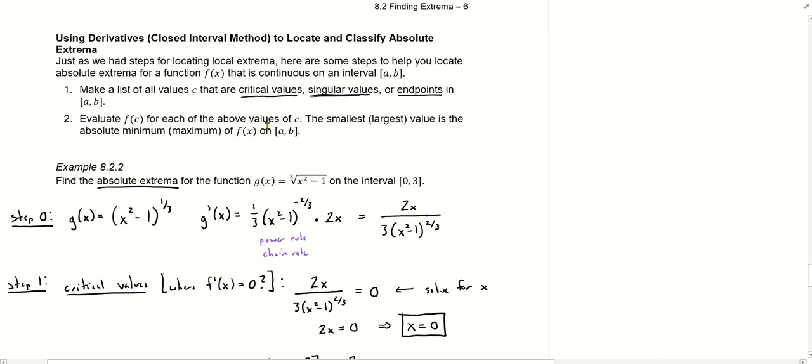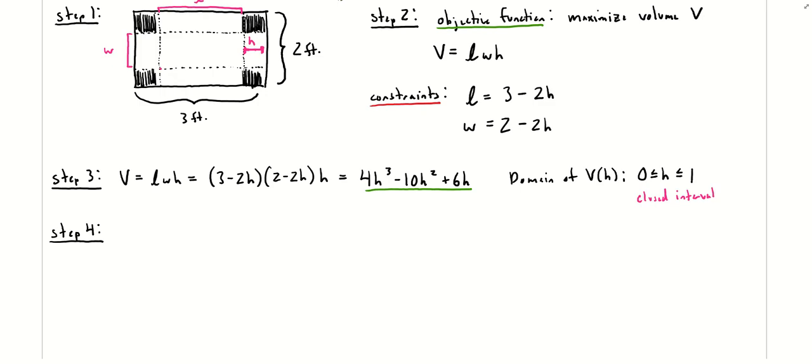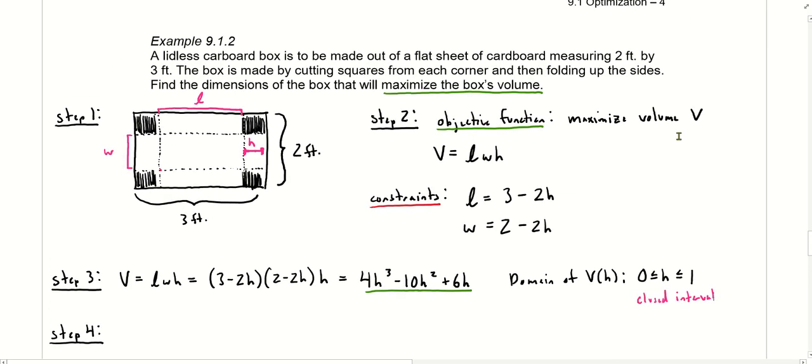And whichever value gives us the smallest value of our function gives us our absolute or global minimum. So to start using the closed interval method, I'm going to list my critical values, singular values, and endpoints, and then use those to figure out which of those values maximize volume.